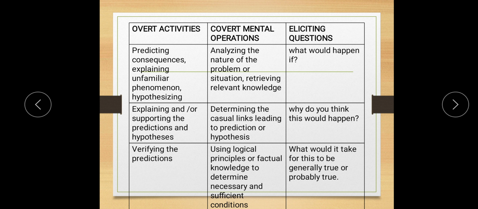Now, explaining and supporting the predictions and hypotheses. Here they are determining the causal links leading to prediction or hypothesis. The question which is asked here is, why do you think this would happen? So here they are not making predictions just like that, but they are supporting their predictions with an explanation, or with something that has happened earlier.